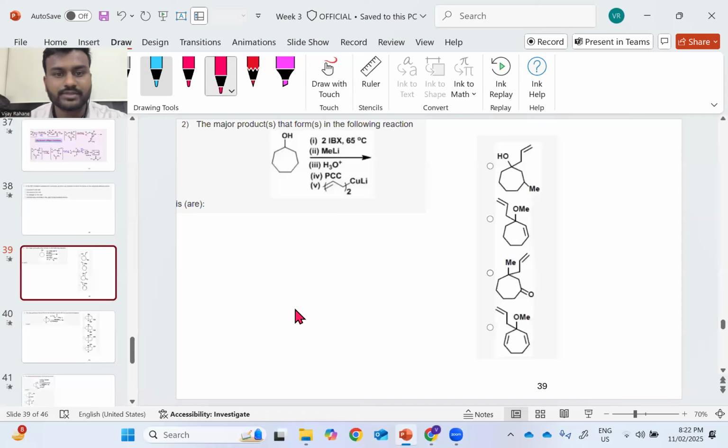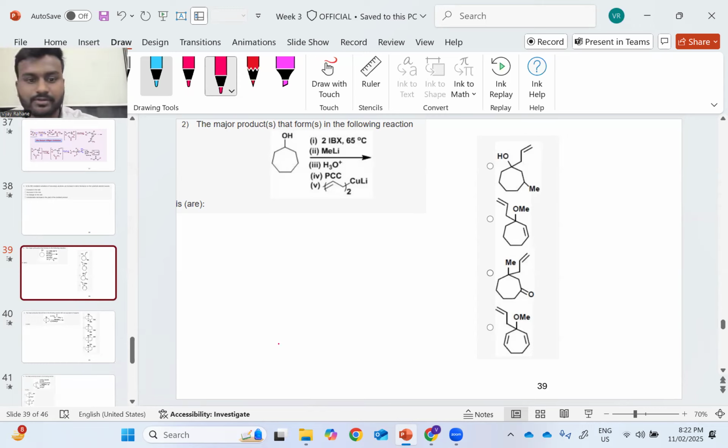The second question is in a very similar manner to what we have already discussed. That is the IBX with the methyl iodide, it gives the alpha beta unsaturated ketone, right? And then further it reacts with the methyl lithium. Methyl lithium is a hard nucleophile, so it directly attacks on the carbonyl.